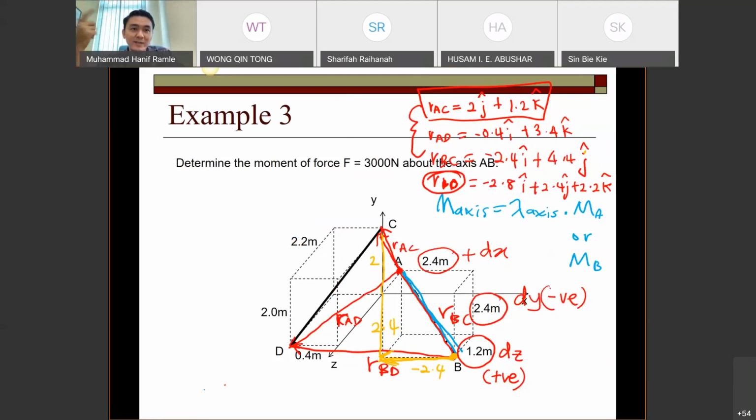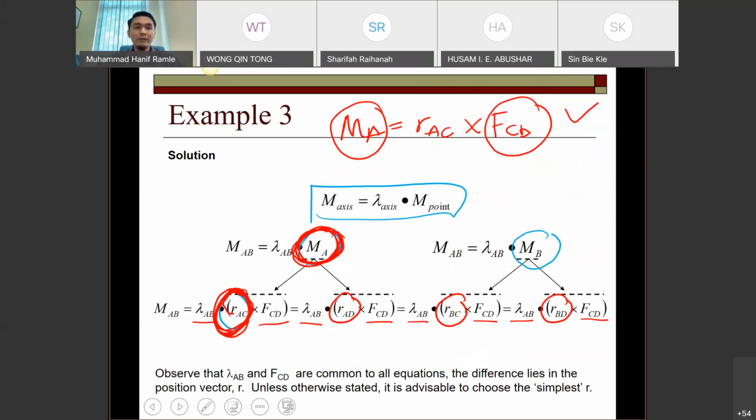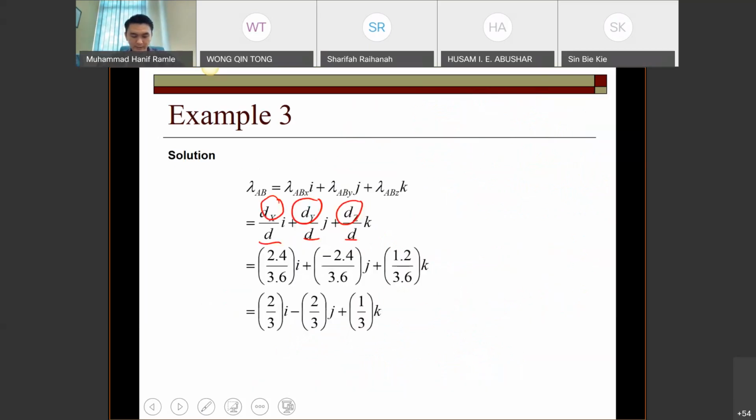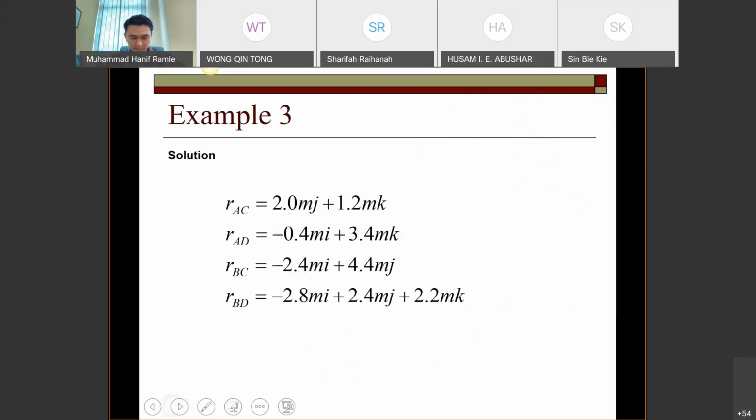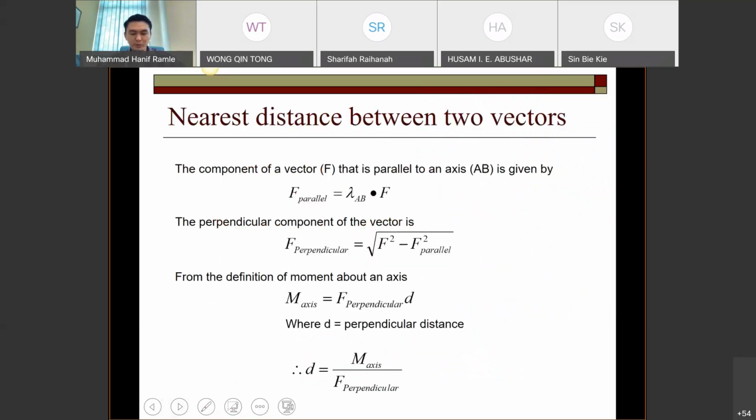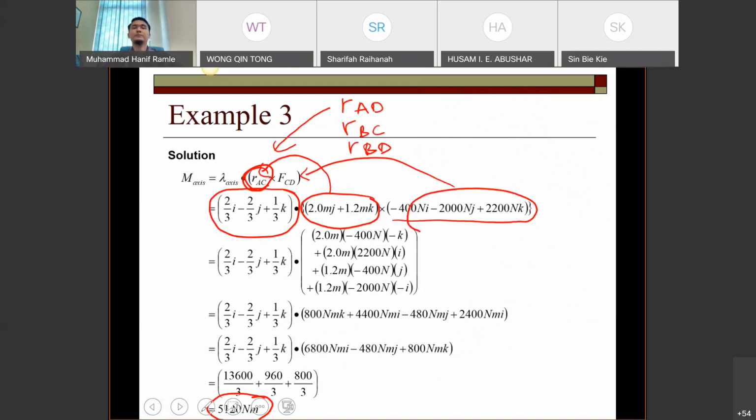Lambda AB is very fixed, so we do have one value of lambda AB, but R, we have 4. Never mind, we do have exercise after this. We can discuss the exercise together. Is there any more question before I proceed to the next one?